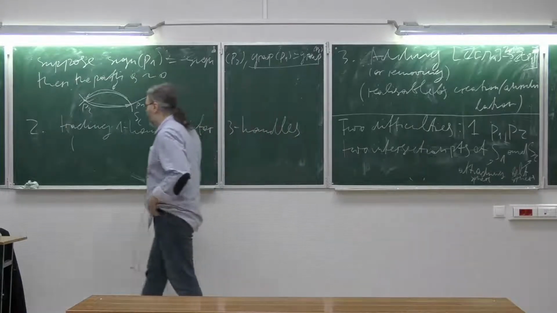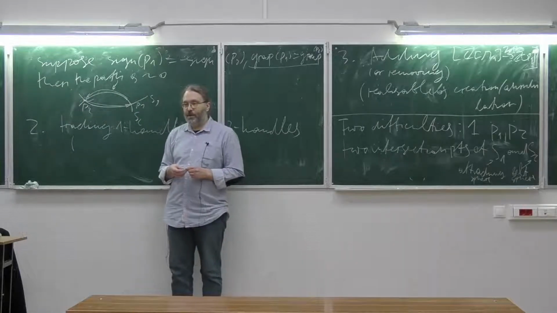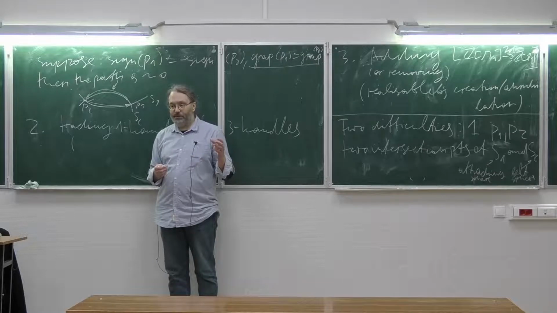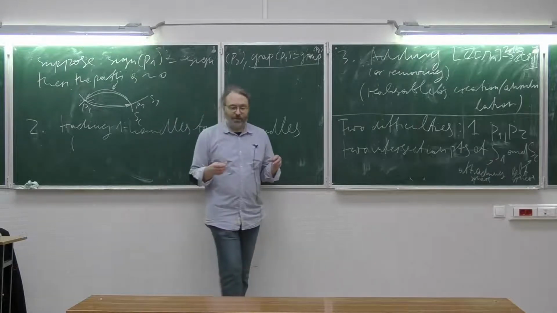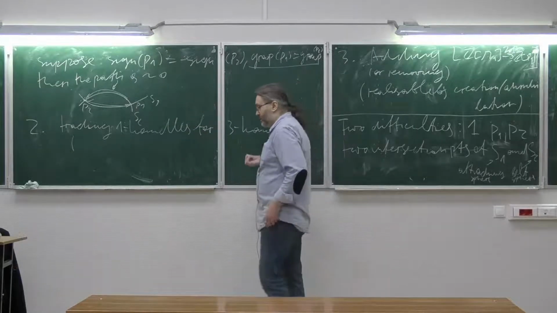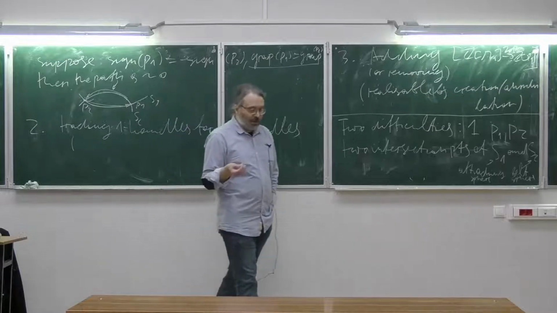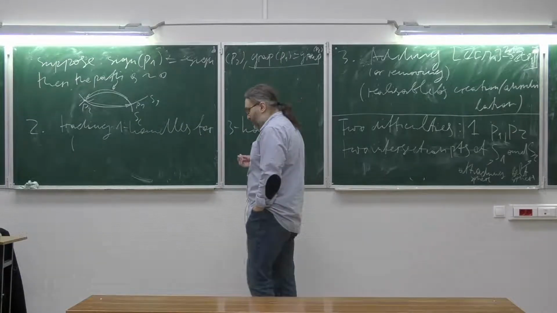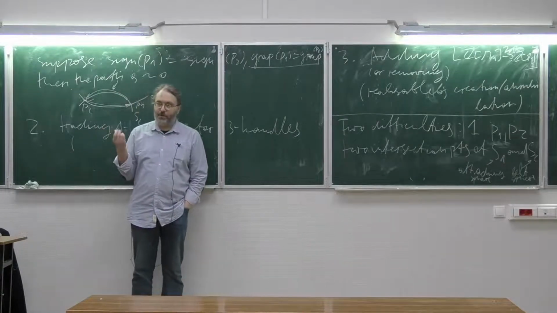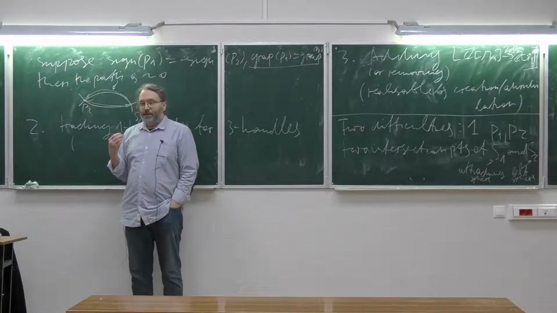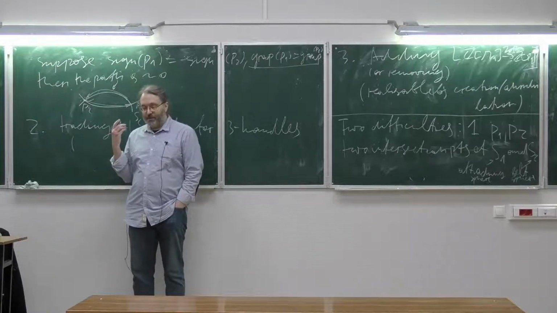What does this mean? This means suppose we have a one handle. Suppose we have no 0 handles. Then suppose we have some number of 1 handles downstairs. We don't have any zero handles, so the preimage of a one handle downstairs is some number of one handles upstairs.